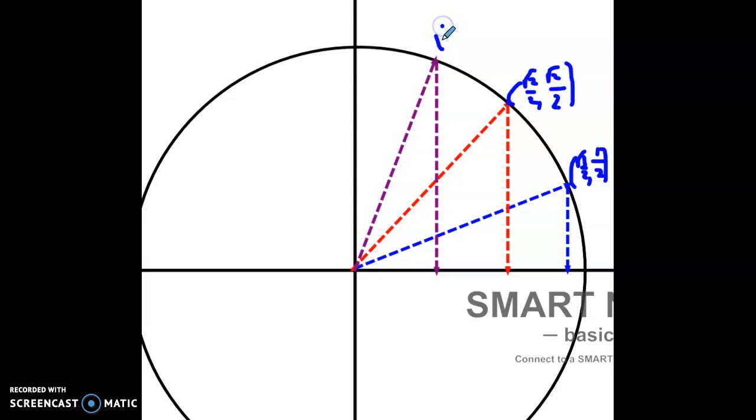Because then the next part would be to look at the points at 0 and at 90 degrees. Because at the point 0, that's just going to be 1, 0. And at 90 degrees, it's going to be 0, 1.